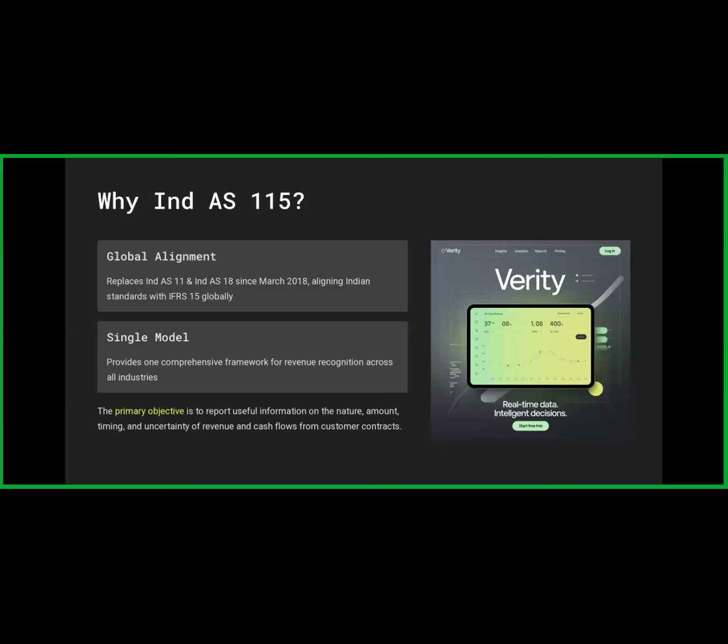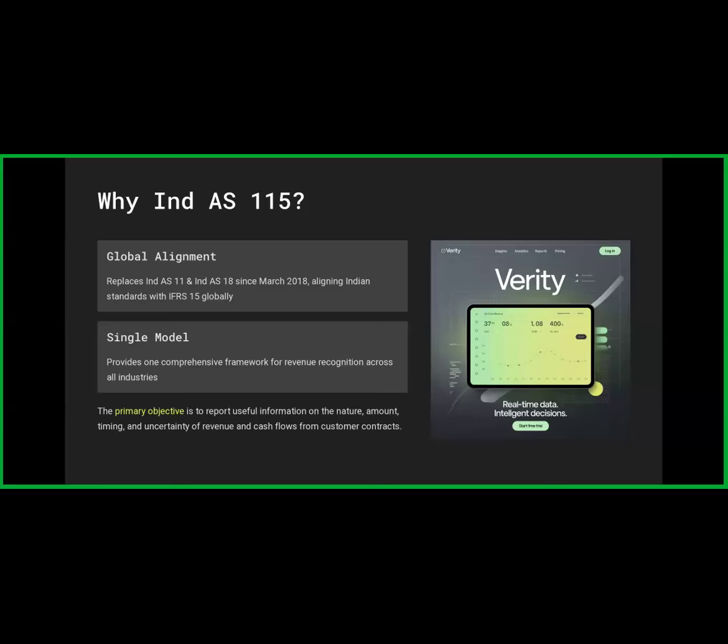Then and only then can we compare the financial information for two different countries. So to make the financial statements of Indian corporate houses as per the global standard, this Ind AS 115 provides the guidelines.